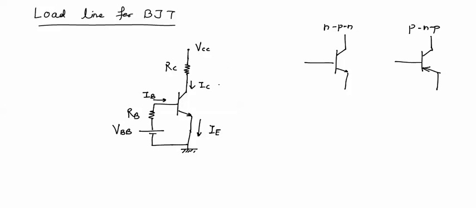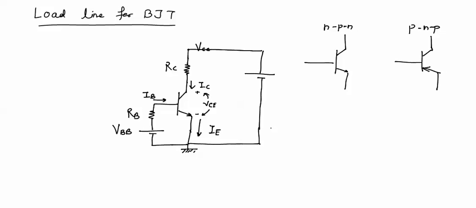Now if we apply KVL in this loop, collector emitter loop, here we have this battery VCC, it can be replaced with the battery and the other terminal can be grounded.